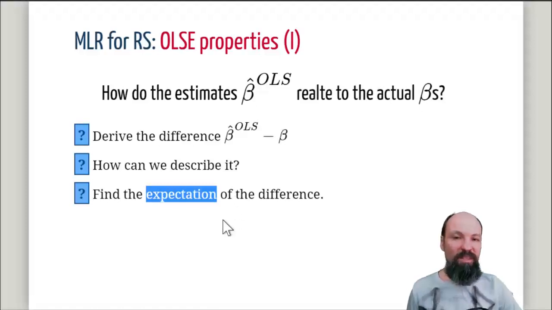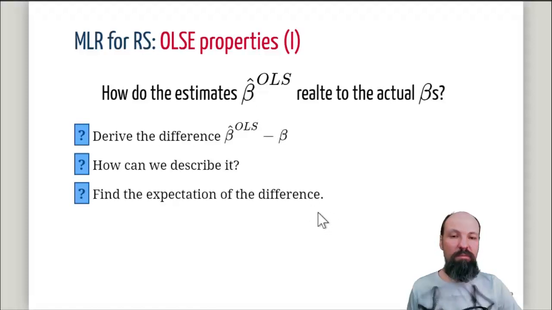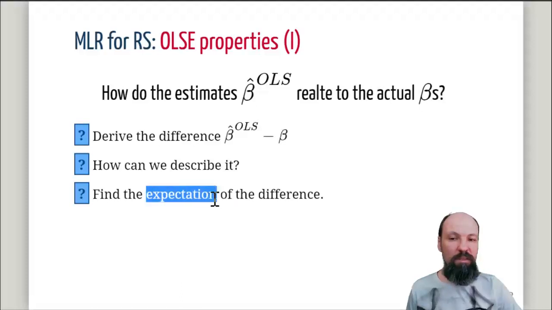It might still not be zero when some assumptions are violated. But because of some assumptions, we get zero there. So do you remember which assumption allows us to get zero expectation of this difference? This should be very easy now, because there's only one assumption about it.